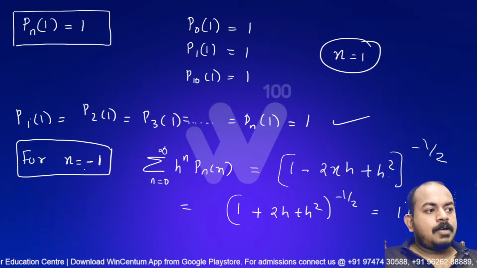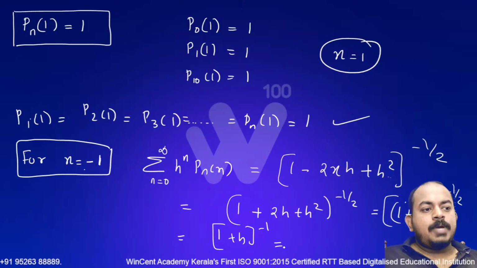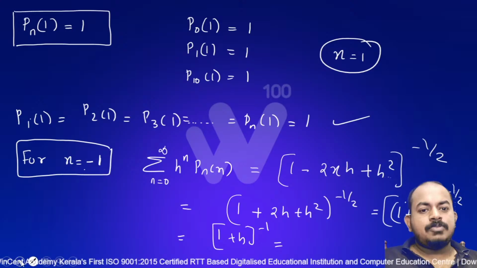If we do a series expansion, we will get 1 minus h plus h square minus h cube plus h raised to 4, etc. If I substitute in this, I will get 1 plus h P1 of minus 1 plus h square P2 of minus 1 and so on.